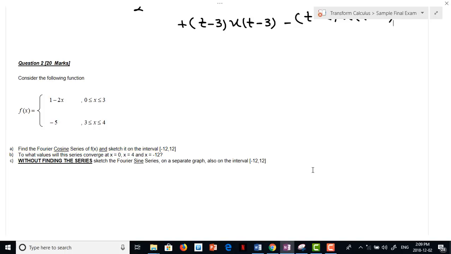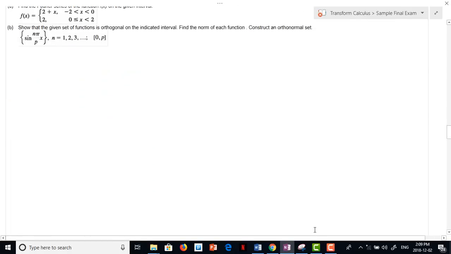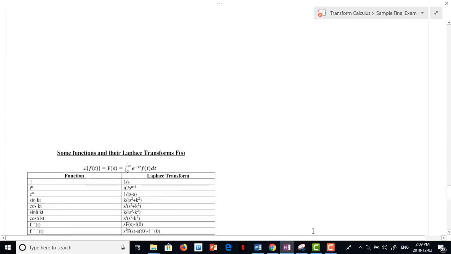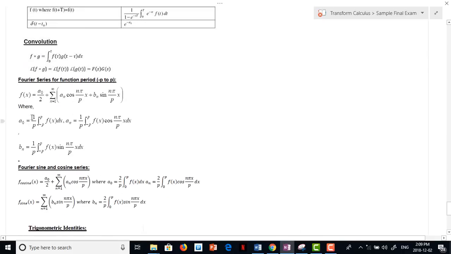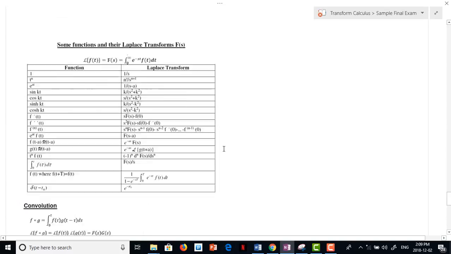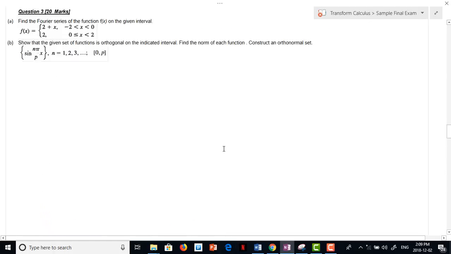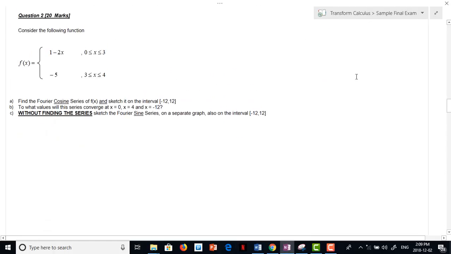In order to solve this problem, we want to find the Fourier cosine series. If you look at the formula sheet, you have the equations for Fourier sine and Fourier cosine here. As a result, you can easily employ them and solve this question.